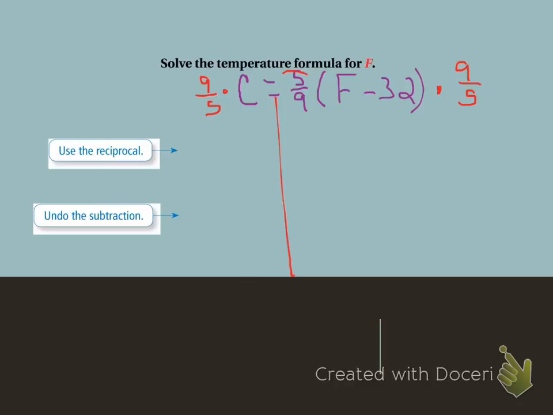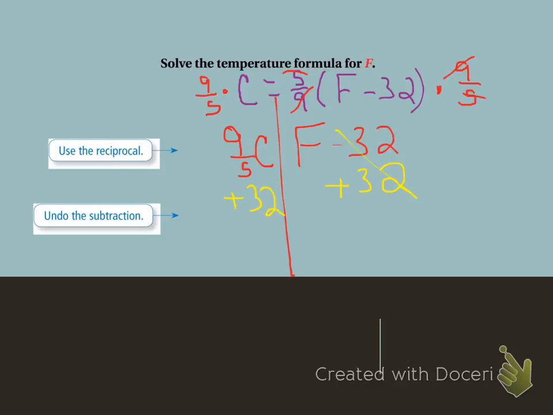So that's going to cancel the 5 out, that's going to cancel the 9 out. So now I've got 9/5 C is equal to F minus 32. So now that I've used the reciprocal, I've gotten that out. Now I need to undo the subtraction. Remember, we're subtracting 32, so the inverse is adding 32.